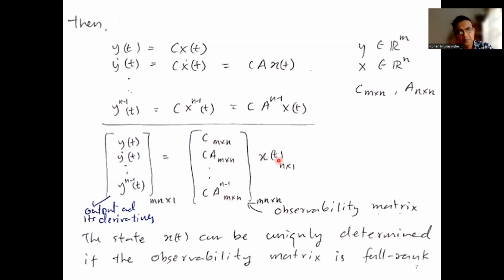Very simple. For that, what you need is that this matrix is invertible, because you can bring this to the left-hand side as inverse. If the matrix is singular, not invertible, then you can't do this. This has to be invertible. For a matrix to be invertible, it got to be full rank.